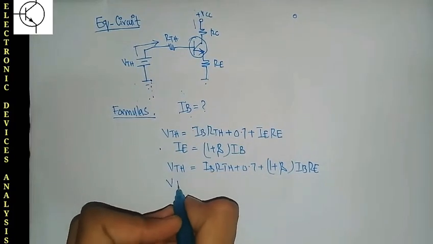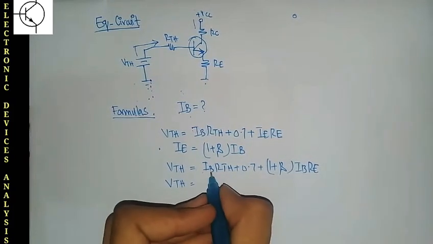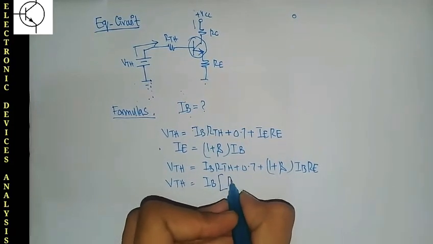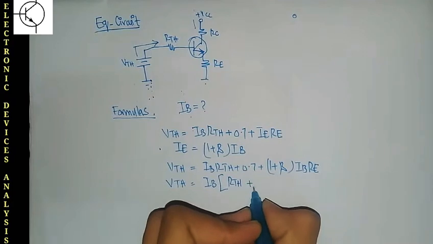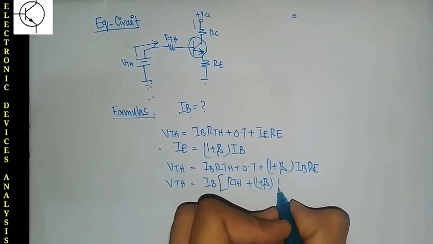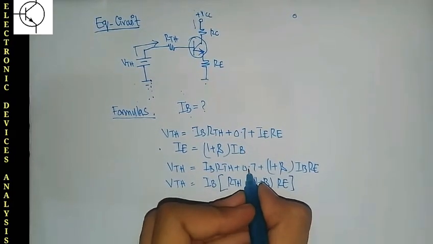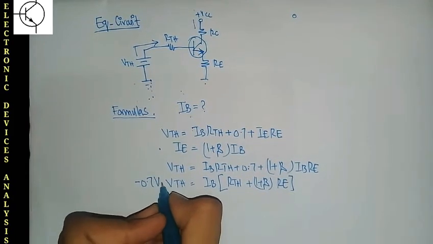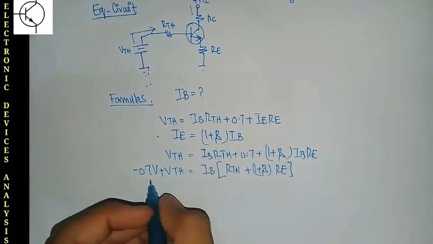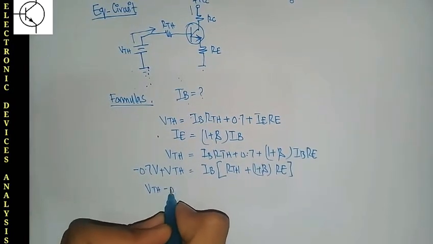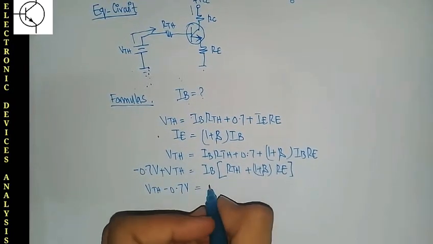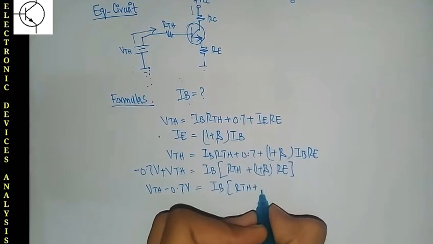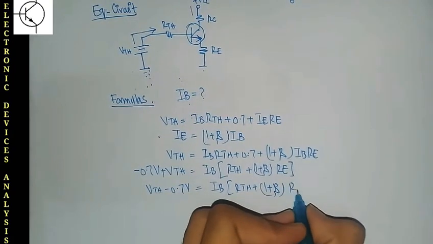So V Thevenin will be equal to, taking IB common from these terms, IB times R Thevenin plus 1 plus beta times RE, plus 0.7 volts, and 0.7 volts will move over as minus 0.7 volts. V Thevenin minus 0.7 volts will be equal to IB into R Thevenin plus 1 plus beta times RE.